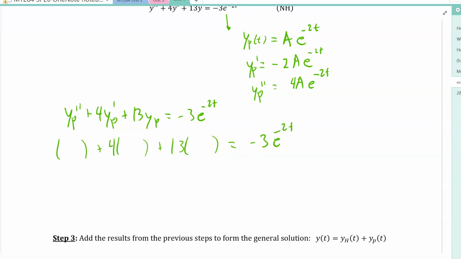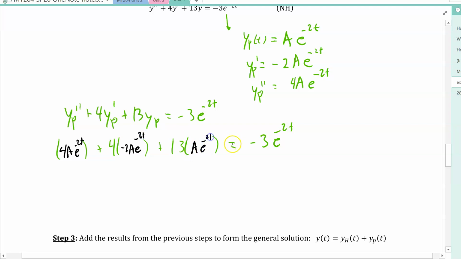Alright, so what was the second derivative? That came out to 4a times e to the negative 2t. First derivative was negative 2a times e to the negative 2t. The original function was a times e to the negative 2t. And we're saying that that's got to equal negative 3 times e to the negative 2t.